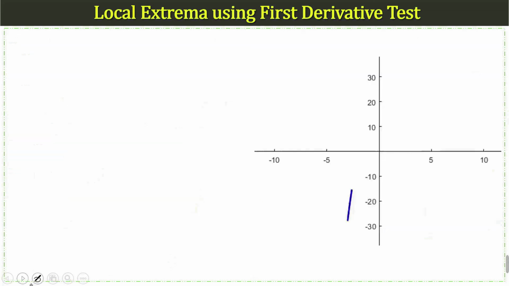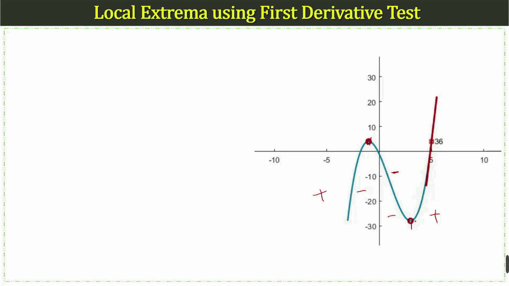Let's see the behavior of the function with the help of an animated graph. This is the graph of the function, and here the derivative of the function is positive, and after this critical point the value of the derivative is negative, and again after this critical point it is positive. So this is the local maximum and this is the local minimum.